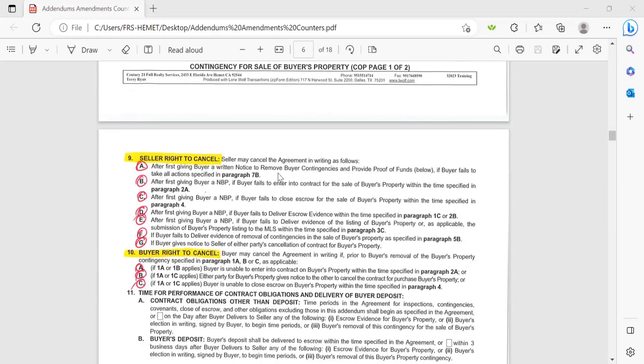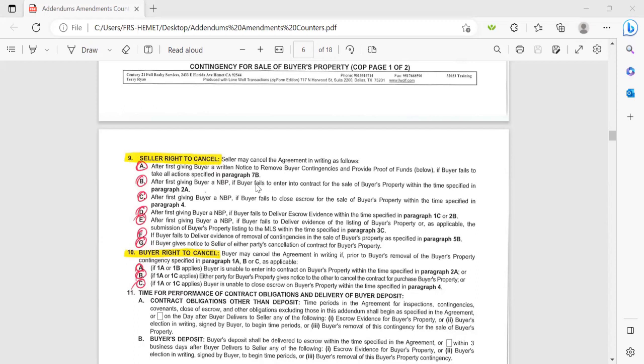Seller's right to cancel. So here's a list of the seller's rights to cancel. Notice that every one of them, and it's kind of funny to me, this form came out, I don't know, a few years ago, notice to perform. And we're so worried about filling out a notice to perform, and I don't know why. It doesn't change the contract. It doesn't do anything like that.